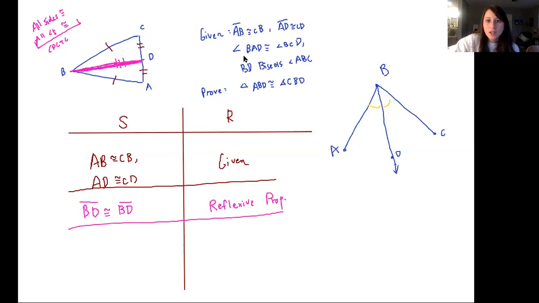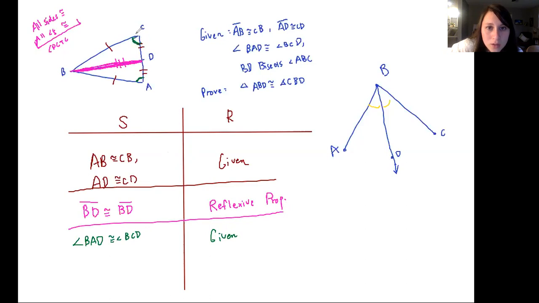Now let's take a look at angles being congruent. So in our given, we've got angle BAD is congruent to BCD, and that's given. So I'm going to draw that. BAD is right here, and it's congruent to BCD, which is right here.